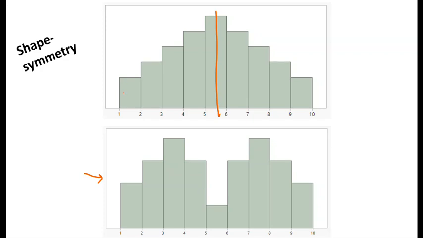Now, one particularly common and popular symmetrical distribution is called the normal distribution or the bell curve because it takes the shape of a bell, right? In normal distributions, the frequency of the values nearest to the mean is higher than the frequency of the values away from the mean.